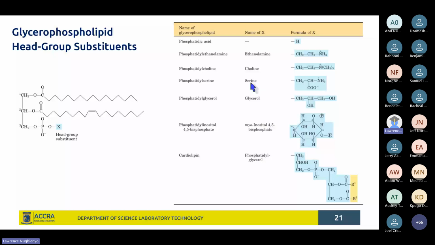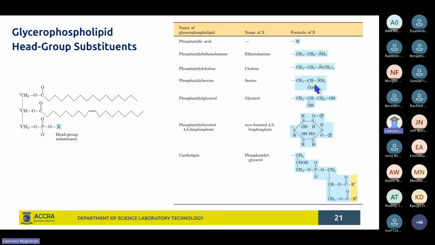So serine is what? It's an amino acid. So I was mentioning that you can even have some amino acid binding there when you're having phospholipids in complex with some proteins. You can have such. So that would be like some lipoproteins.